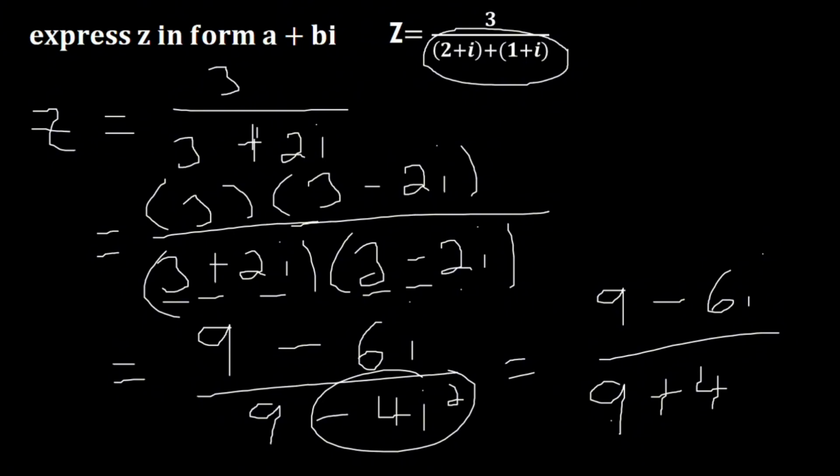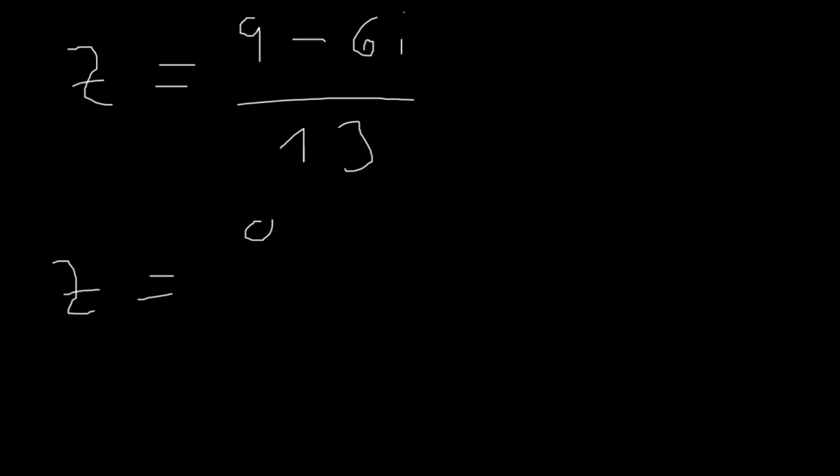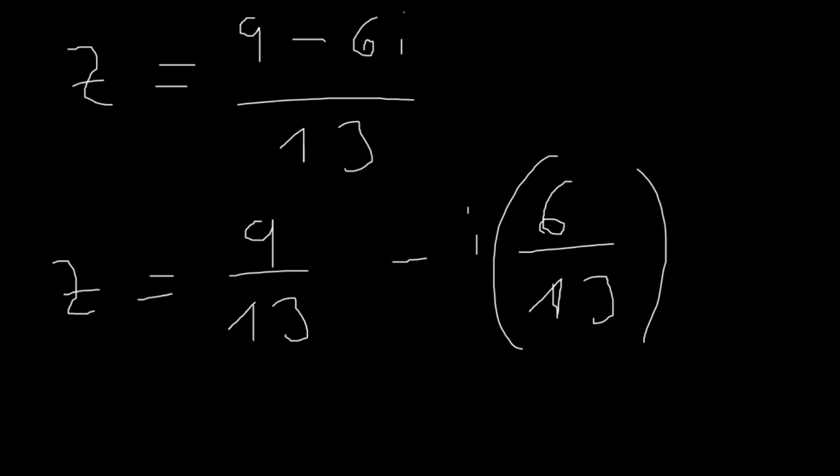Therefore our z is equal to 9 minus 6i all over 13. Therefore z is equal to 9 all over 13 minus i into 6 all over 13. This is the imaginary and this is the real part.